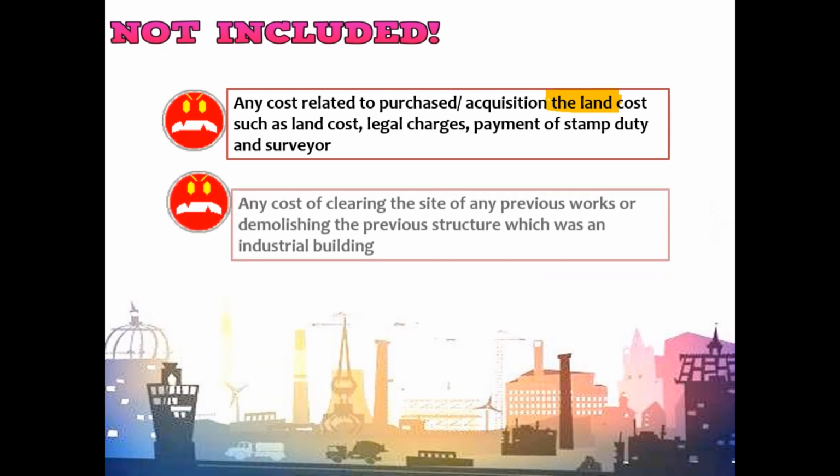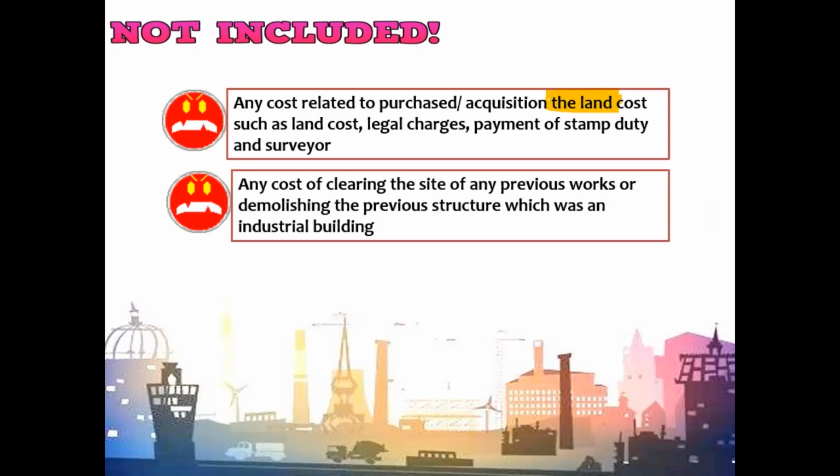Next, any cost of clearing the site of any previous work or demolishing the previous structure which was an industrial building. Okay, remember that for any expenses of clearing the site or demolishing, if the building is an industrial building, the cost cannot be included as QBE.